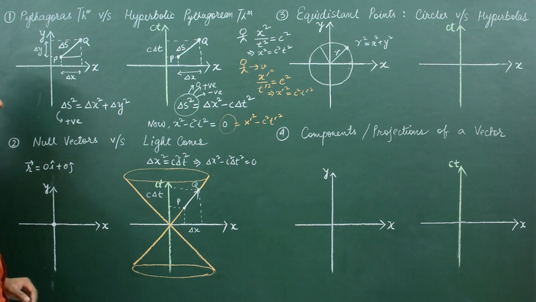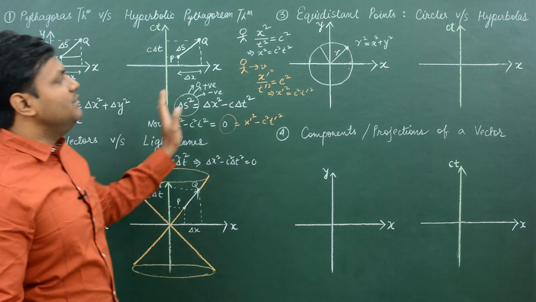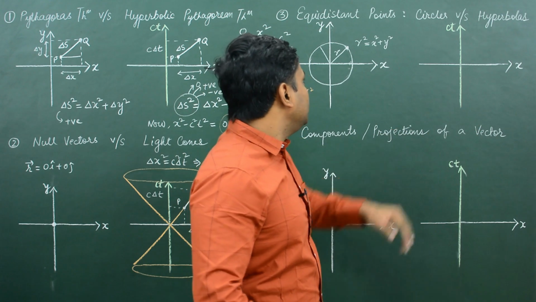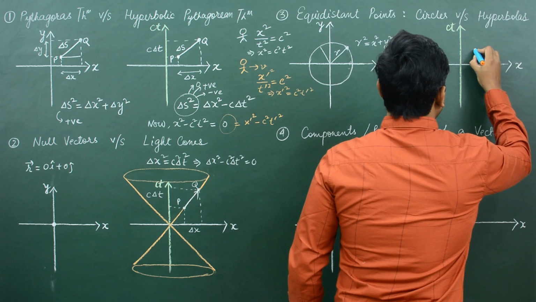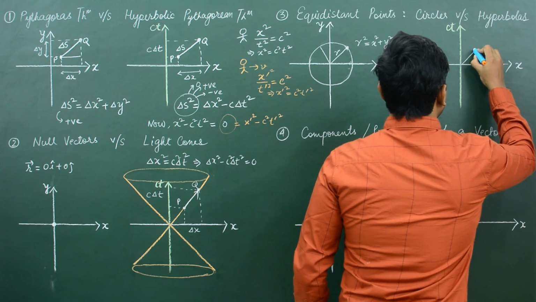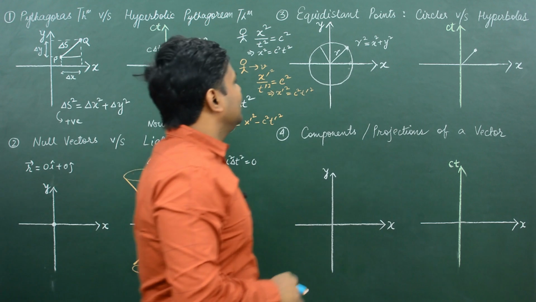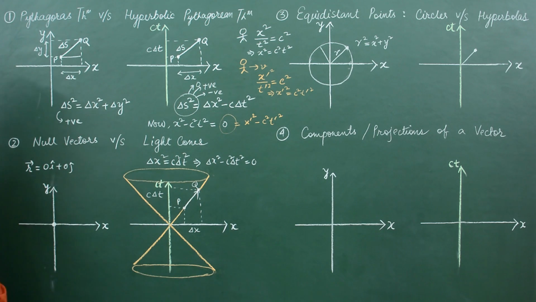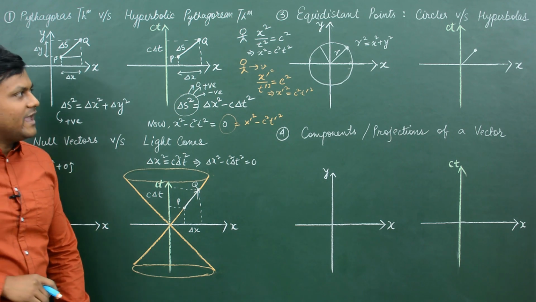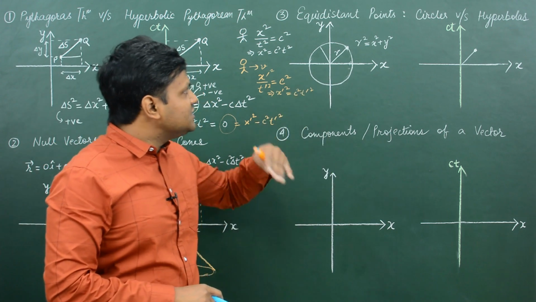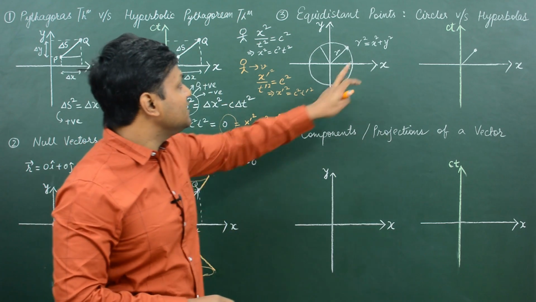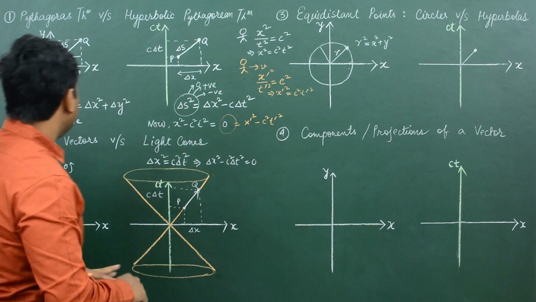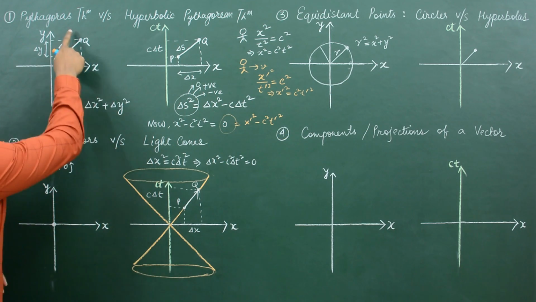All right. However, if I ask the same question in Minkowski space-time, what if I have a particular point here, and I draw some kind of a vector to the point, what will be the nature of all the points which are equidistant from the origin? Or I can say, what will be the nature of the curve that represents all the points that are equidistant from the origin? Now, the distinction between Euclidean space and space-time is that in Euclidean space, we have the Pythagoras theorem.